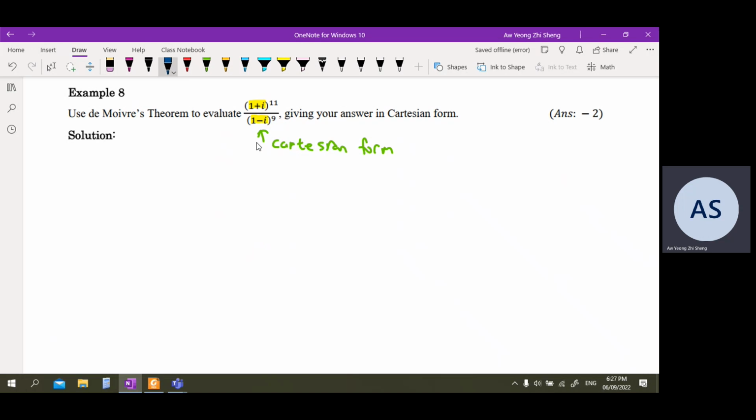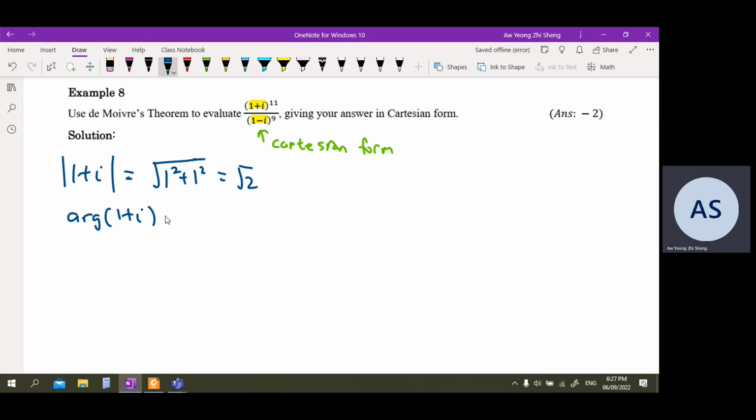Okay, so if we want to apply the Moivre's theorem, we must first convert 1 plus I into either modulus argument form or exponential form first. Okay, so 1 plus I, I need the modulus and argument of it. Modulus of 1 plus I is a surd of 1 squared plus 1 squared, that gives a surd 2.